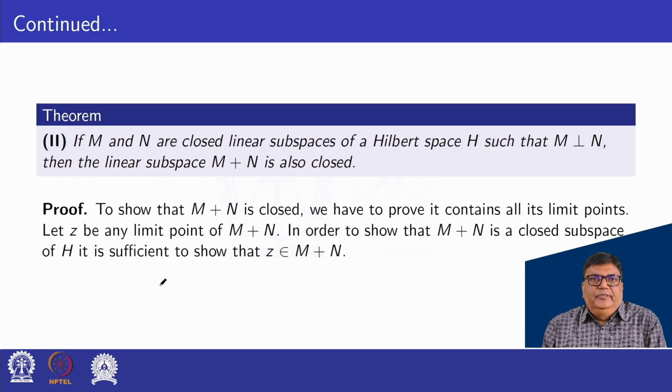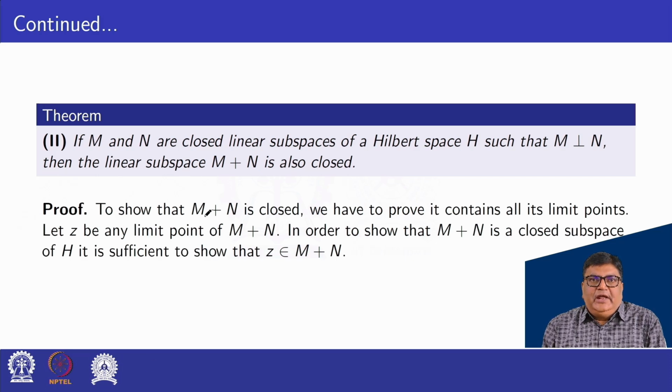Theorem 2. If M and N are closed linear subspaces of a Hilbert space H such that M is perpendicular to N, then the linear subspace M plus N is also closed. Proof.